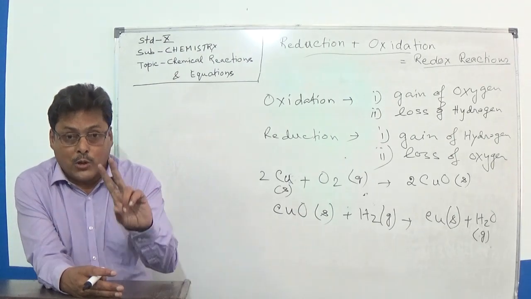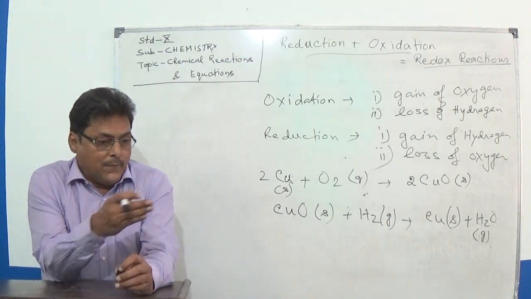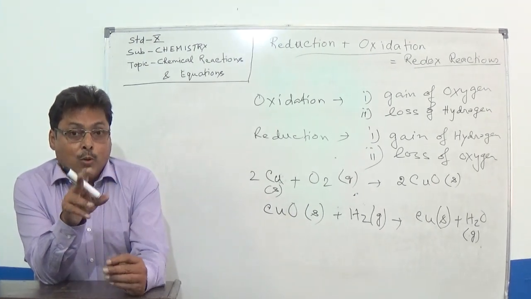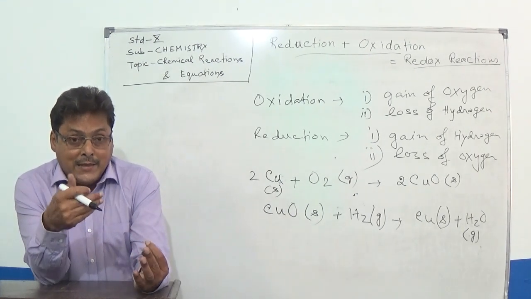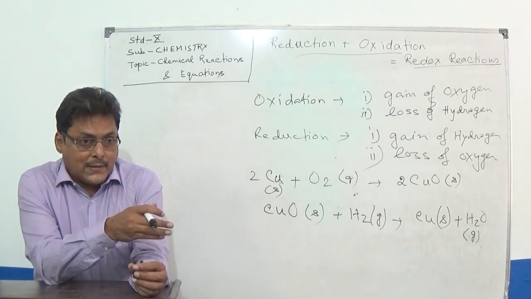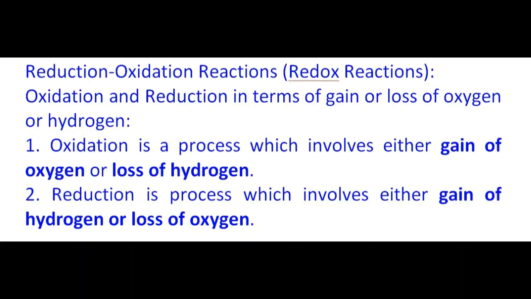We learn two more terms before we look at some other slides, and after that we know what are agents of reduction and agents of oxidation. Look at the slides. I am repeating so that you can memorize it very carefully by understanding.